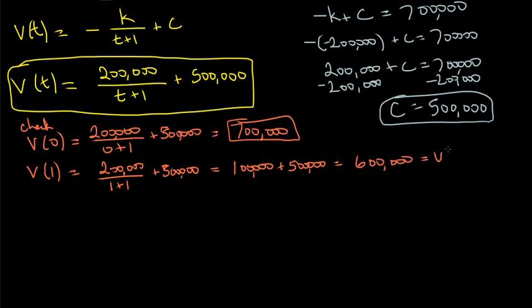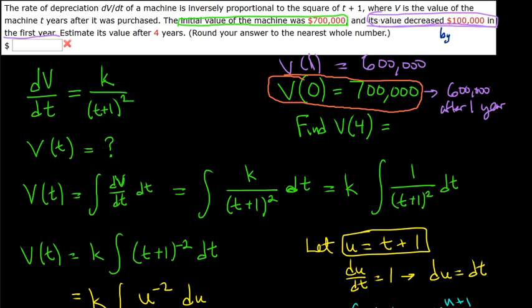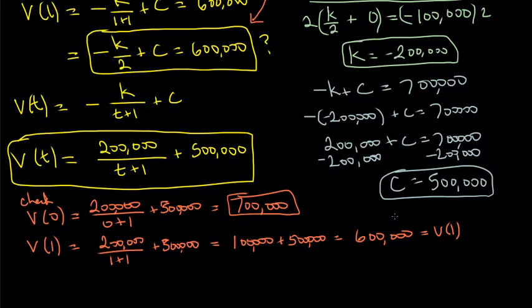So that's the value after 1 year, and that's what it means when the value decreases $100,000 after the first year. 700 minus 100 is 600,000. So that works out as well.